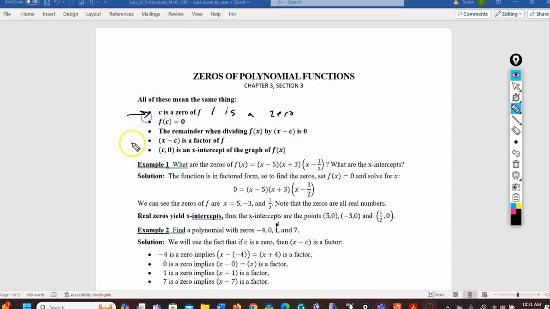So if 1 is a zero, then x minus 1 is a factor. That's where we get that result. And then if 7 is a zero, x minus 7 is a factor.